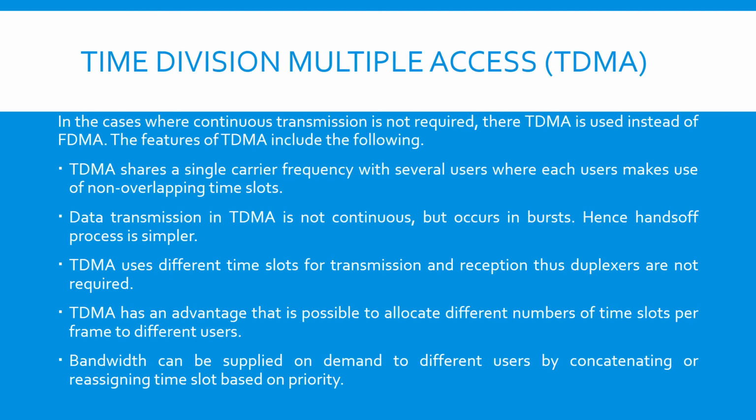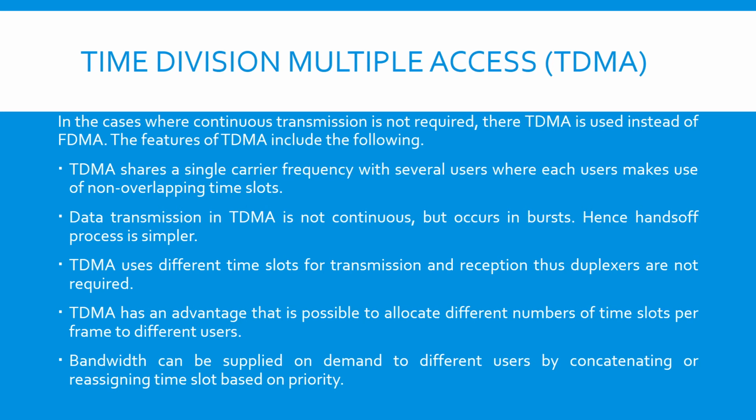That means when one device is active and is trying to communicate, only then does communication operate. TDMA uses different time slots for transmission and reception, thus duplexers are not required. So in TDMA, they are using different time slots for sending the data and receiving the data. Therefore, duplexers, which are a kind of device, are not required.